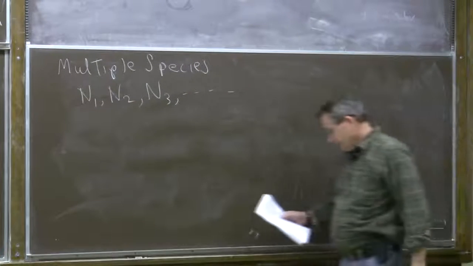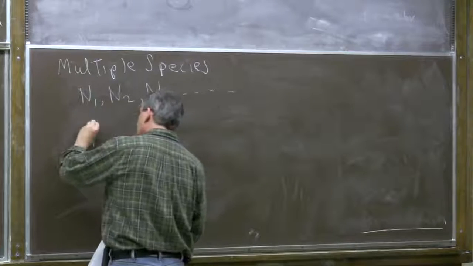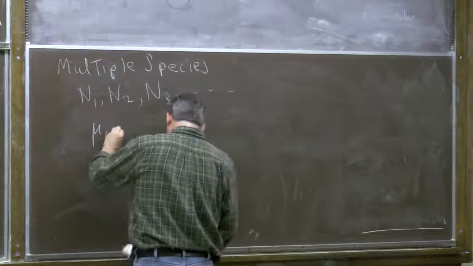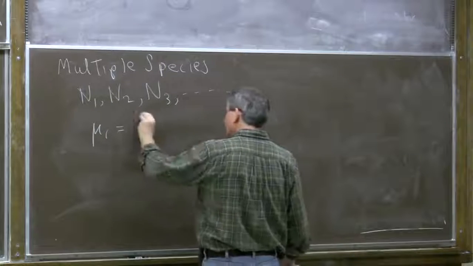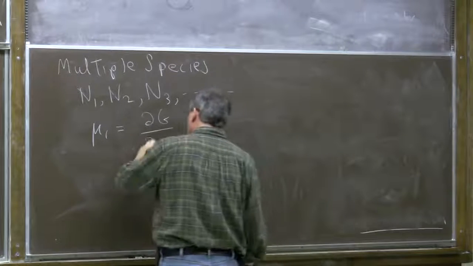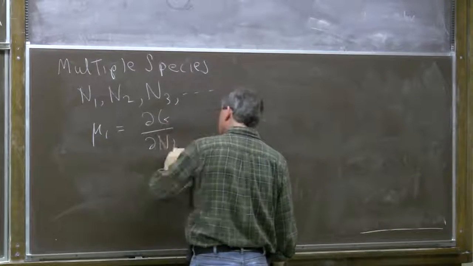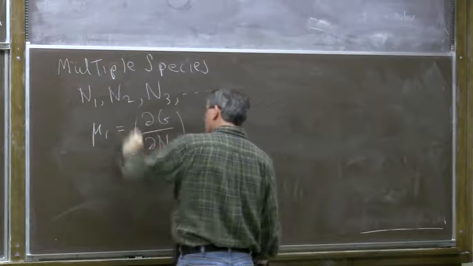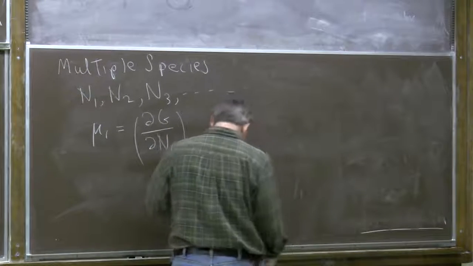Then the chemical potential for species I can define as the derivative of Gibbs free energy with respect to the number of particles of type I with temperature and pressure fixed.